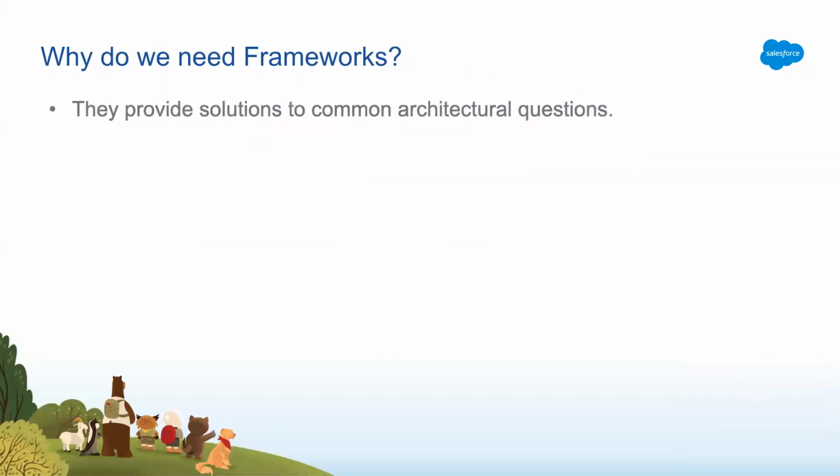Again, they provide solutions to things that have already been solved at an architectural level. Typically, when you're designing an application, for example, the Rootstock package, the ISV package, there are two layers of architecture: the domain architecture and the technical architecture.